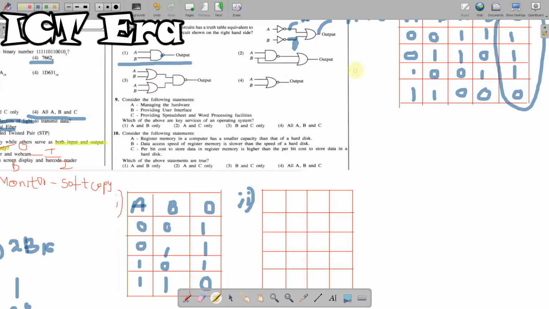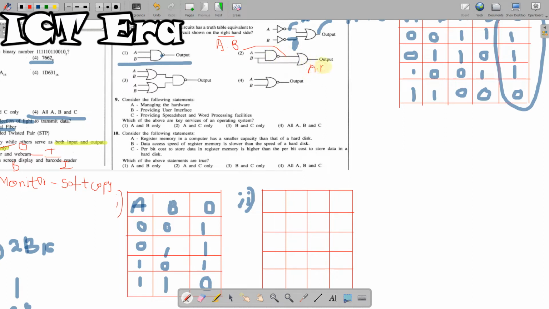Let's do second one. Here A, B is connected to a NAND gate. That means it should be A dot B bar, and after that you can see the B wire is connected to this.